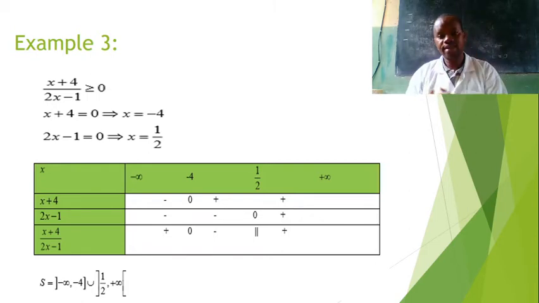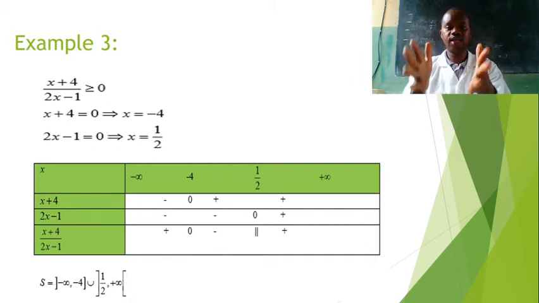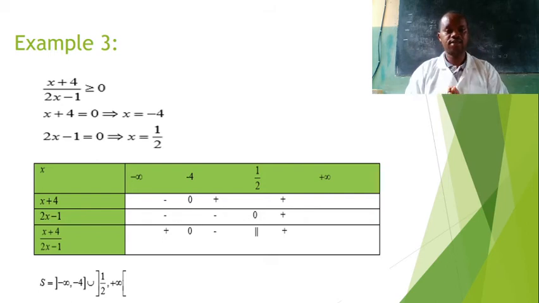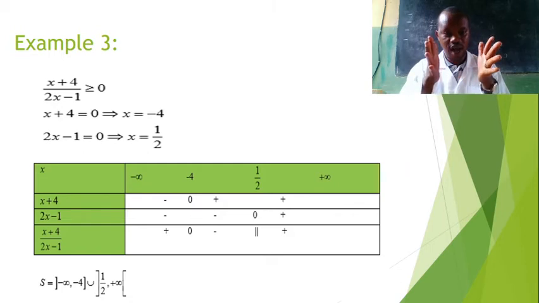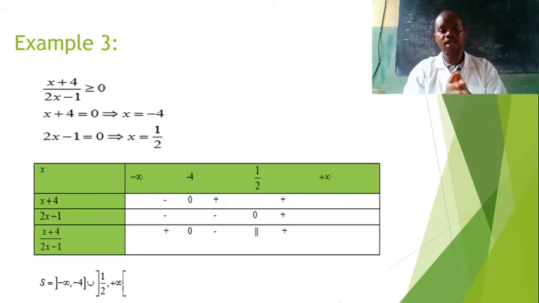And in this case, we do the same as we did in the first two examples. We are going to make a table of signs. In the first row, we put the values of x, and then, as usual, starting from minus infinity up to positive infinity, and here we have found minus 4 and 1 over 2.